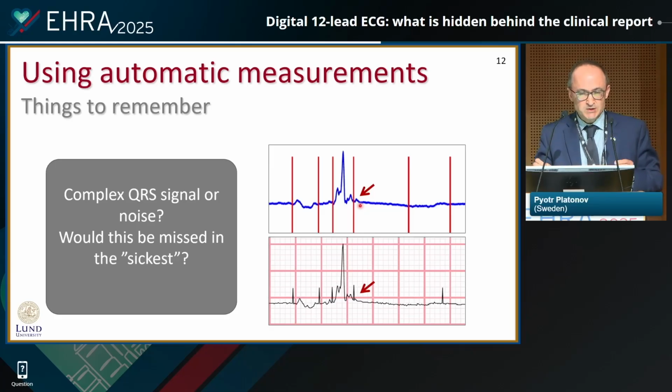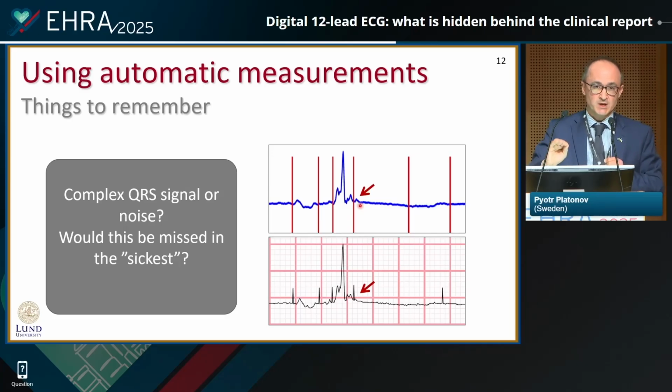It is low amplitude, it's fractionated. Is it noise? Is it not? Maybe not noise. But what is important is that the more complex a signal, the higher the likelihood that the automatic measurement alone may actually miss it. And if it misses the complex signals, then the worst affected patients may be misclassified.